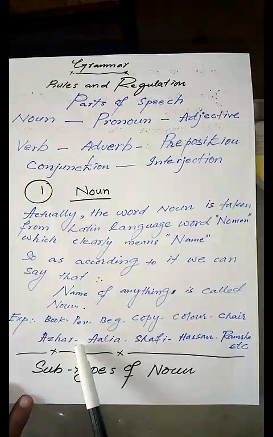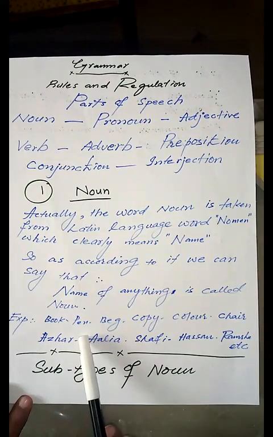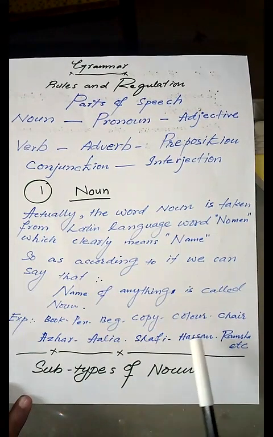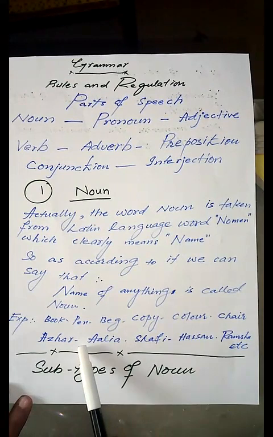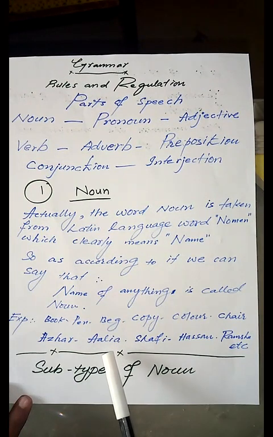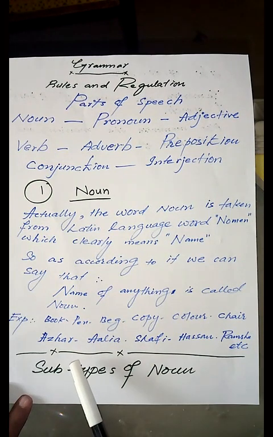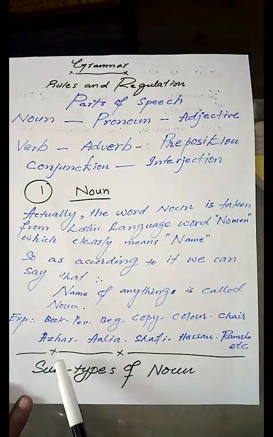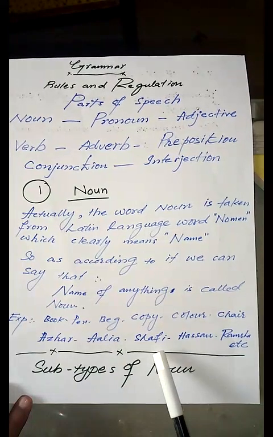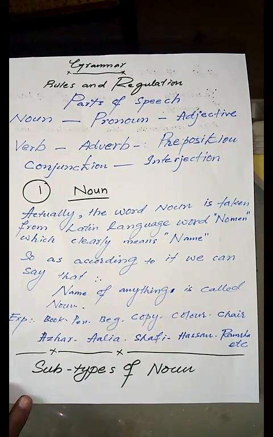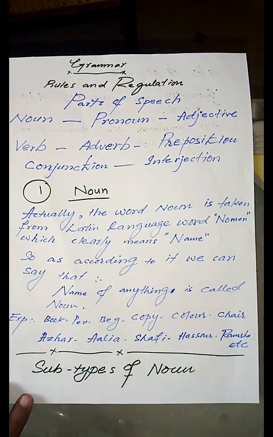As I have written here some examples for you: book, pen, bag, copy, color, chair. These things are available in your classroom and also at home. Some other examples are Azhar, Alia, Shafi, Hassan, Ramsha, etc. Names of the students in the classroom can also be called nouns.